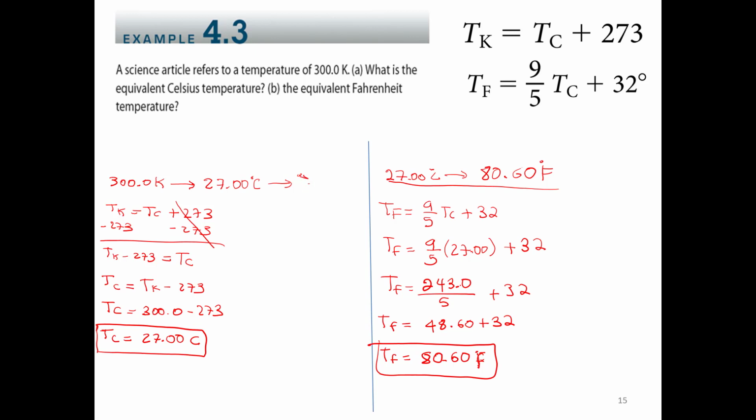That's the complete conversion. In the next presentations we are going to focus on the concept of heat. And this is all we are going to discuss in this presentation.